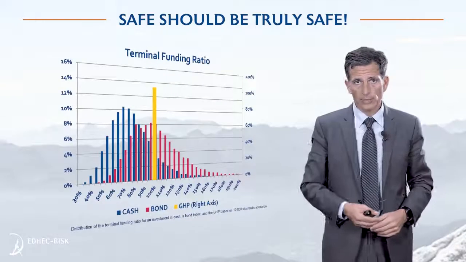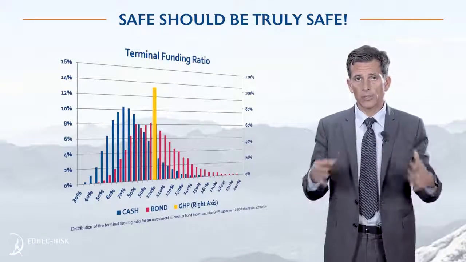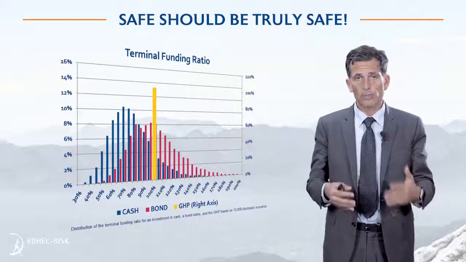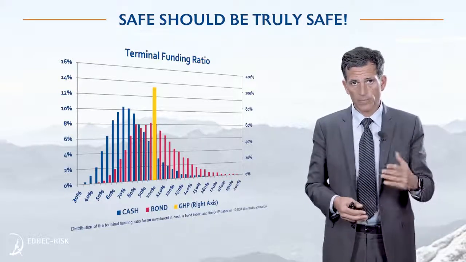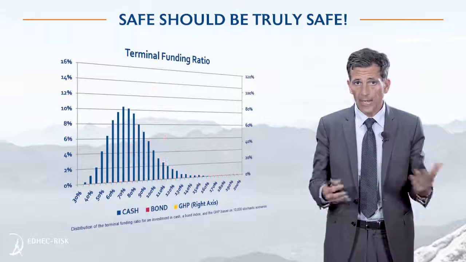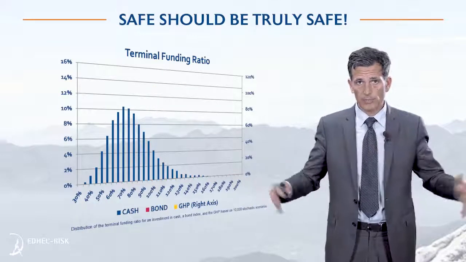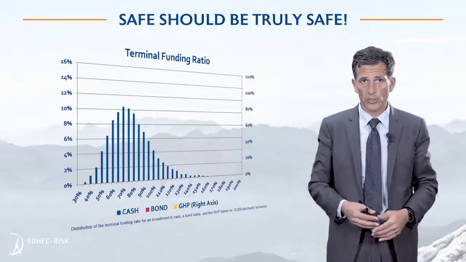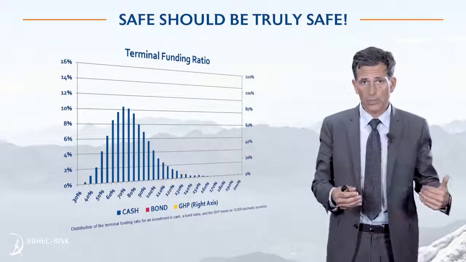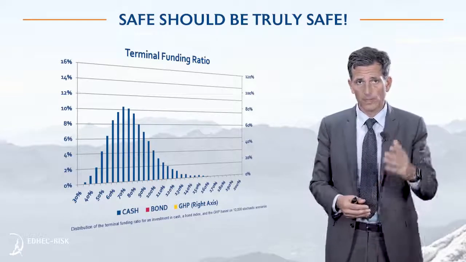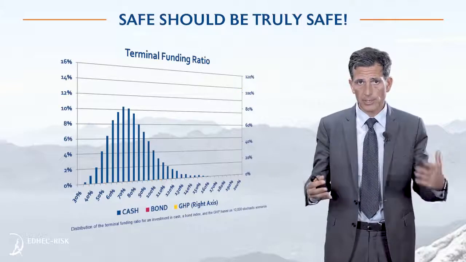There's another way to look at the situation, which is to look at the distribution of the terminal funding ratio. By terminal funding ratio, I mean funding ratio at retirement date. With cash, there's a wide range of outcomes in terms of funding ratio. And of course, on average, we are being short of meeting the target. When we invest in bonds, that's the same thing.